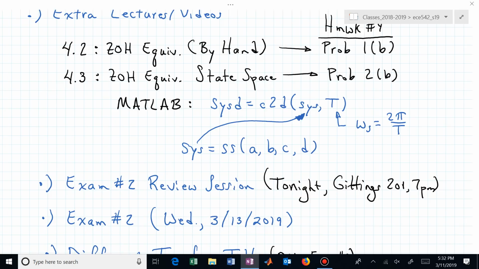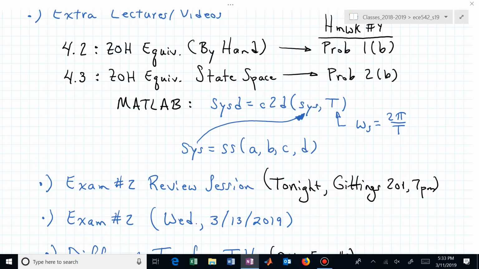I'm trying to show you, and this is maybe confusing, that the line below in MATLAB would be executed before the C to D command. Before you execute the C to D command, you would need to define this object SYS, which is an object of a state space representation in continuous time.